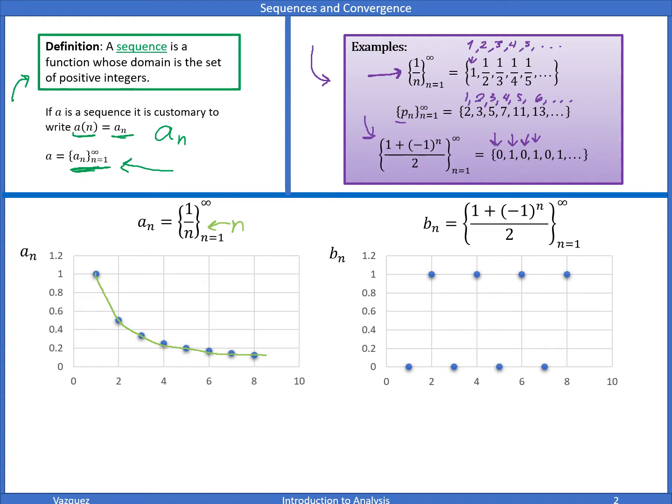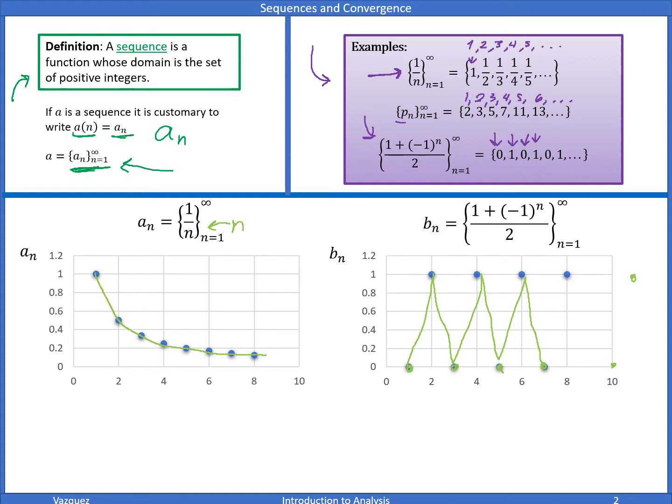Similarly, in this sequence over here, b sub n, if I connect the dots, it looks something like this. But this one has a bunch of points that are at 0. So it's not just very close to 0, they're at 0. But then if we go far out enough, we'll still be at 0, but some will still be at 1.